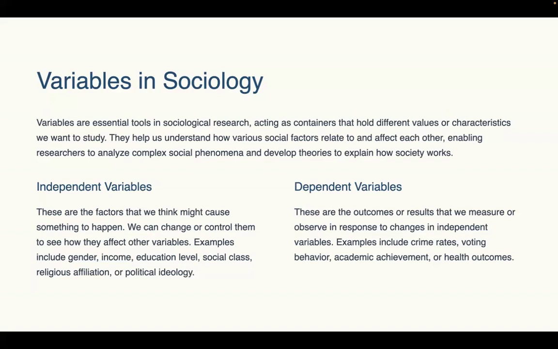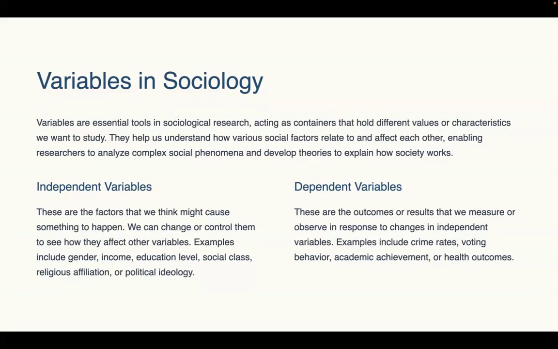So the first will decide the second. If we change, say, income level, we can affect the dependent variable, because its outcomes or results are dependent on the independent variable. The way the independent variable changes, the dependent also has an outcome or impact. So it varies according to the independent variable.